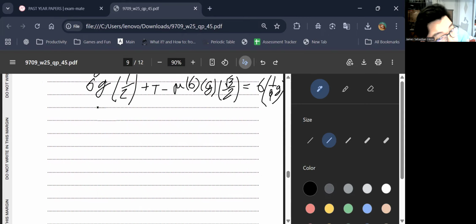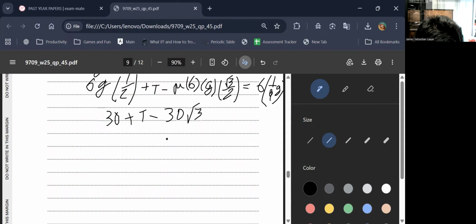At this point, we can use g as 10 to obtain that 30 plus T minus 60 times square root 3 over 2, so 30 square root 3 mu, is equal to 6 over 9, which is 2 over 3, times 10, so 20 over 3.